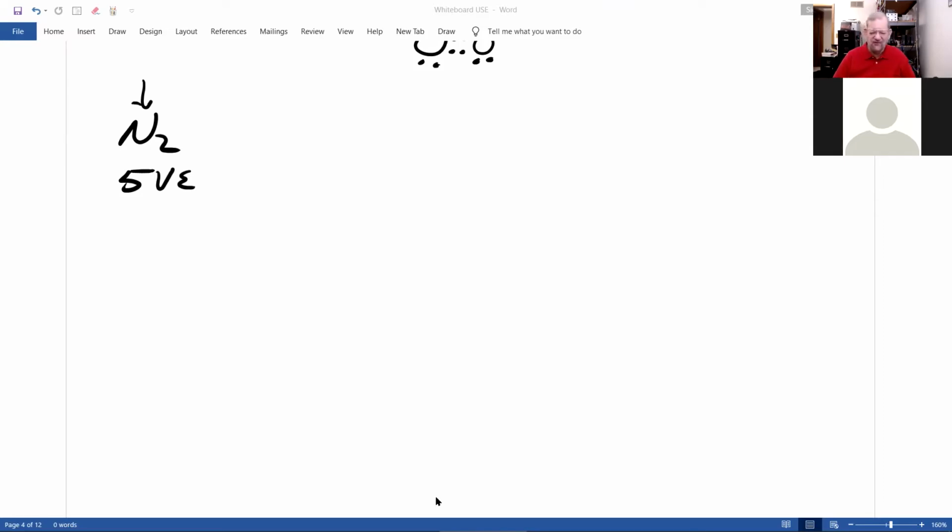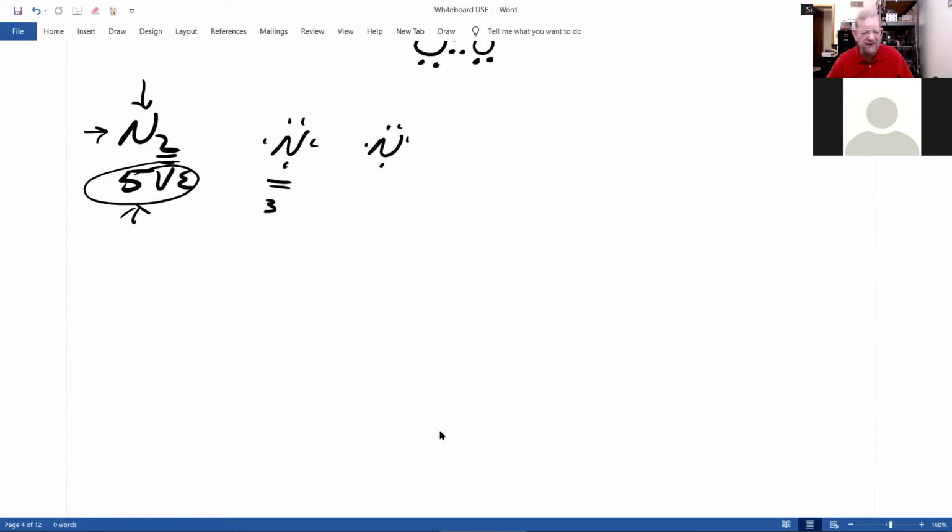All right, let's do this. How do you draw the Lewis structure for nitrogen gas, N2? Well, you would look on the periodic table and see each nitrogen has 5 valence electrons. And this nitrogen says, I've got 3 electrons unpaired, and you've got 3 electrons unpaired.